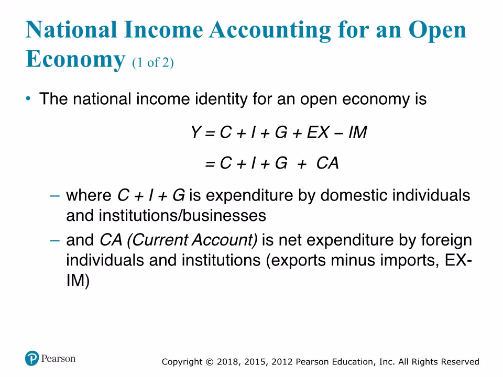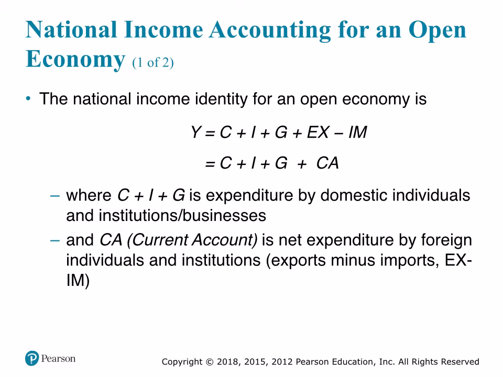Here is the national income in an open economy. So let's go over the components of national income accounting for an open economy, following the formula Y equals C plus I plus G plus CA, which is the current account.